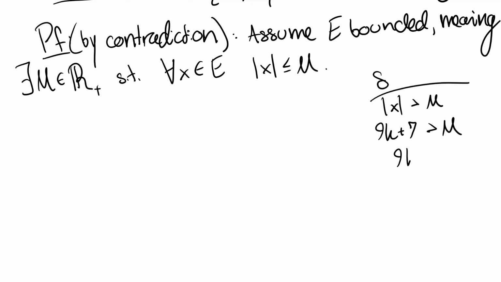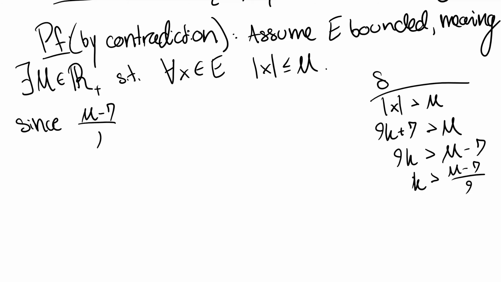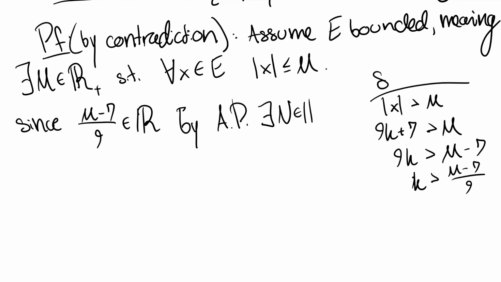So what kind of k are we trying to look for? k is bigger than m minus 7 over 9. Since m minus 7 over 9 is a real number, by AP there exists, let's say, a capital N in the naturals such that n is bigger than m minus 7 over 9.